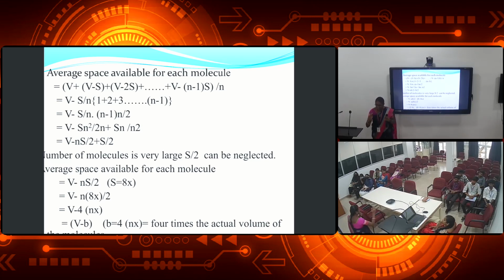Then we can correct the volume of the gas: b is 4 times the actual volume of the gas. So V minus b, where b is a van der Waals constant, is nothing but 4 times the actual volume.